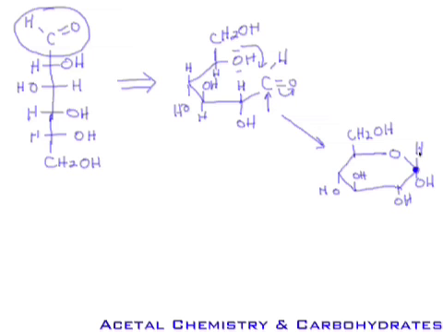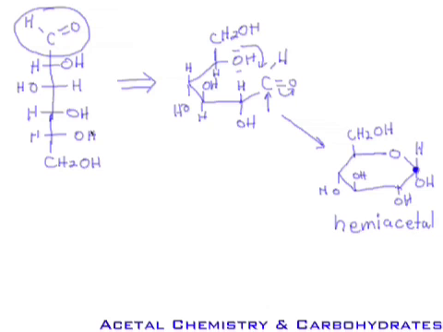H means it's in the aldehyde family. It's in the acetal family. There's an OH, so it's hemi. This is a hemiacetal. Okay, so glucose as a sugar has the potential of forming hemiacetals.